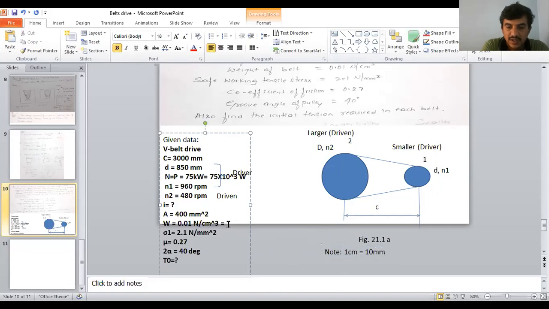Now here 0.01 Newton per centimeter cube is there. Converting centimeter cube, 1 centimeter is equal to 10 millimeter to the power of 3. Am I right? Now we will get the unit as Newton per mm to the power of 3.